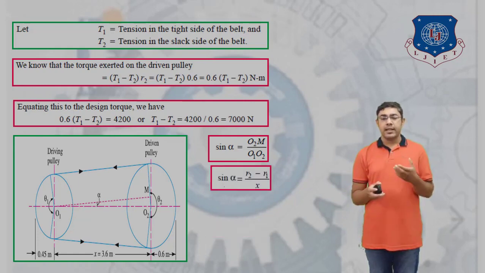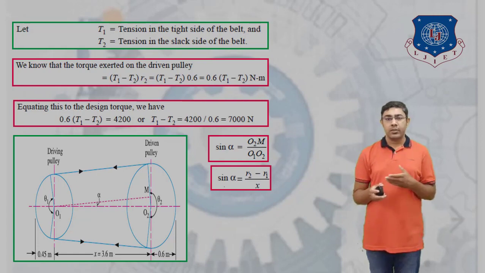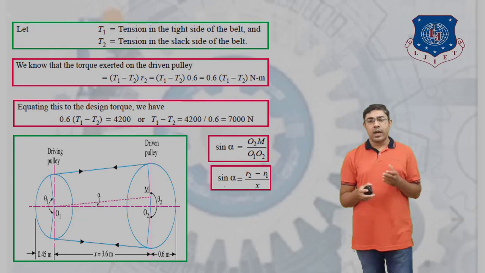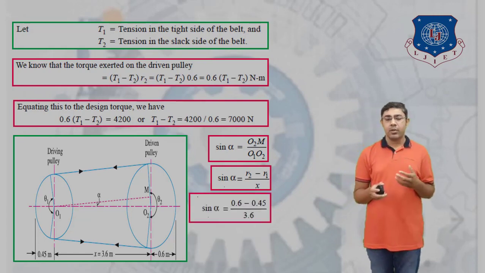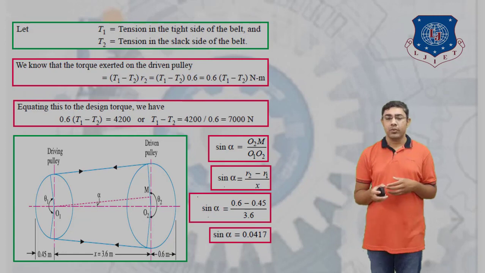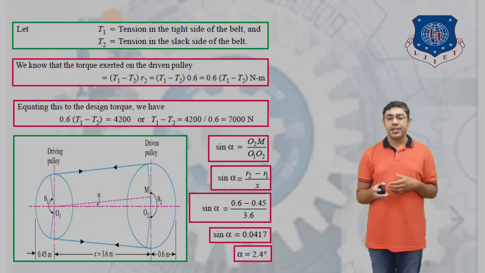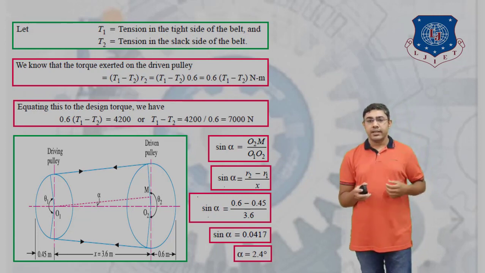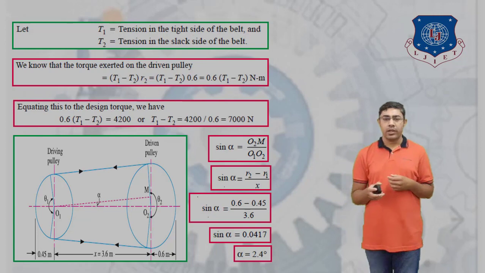So sin alpha is equal to R2 minus R1 divided by x. Placing all the values, sin alpha is equal to 0.6 minus 0.45 divided by 3.6, which gives 0.0417, and from that alpha is equal to 2.4 degrees.